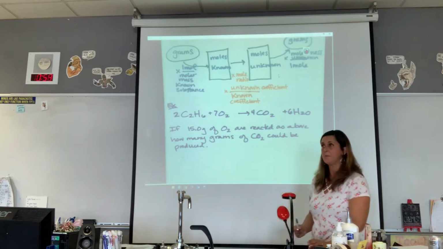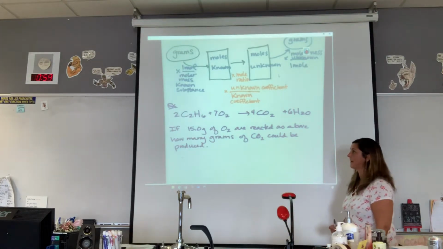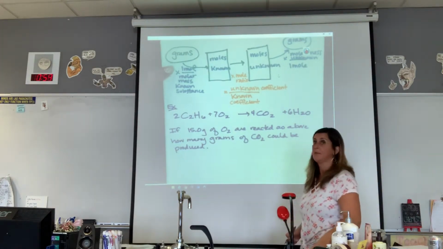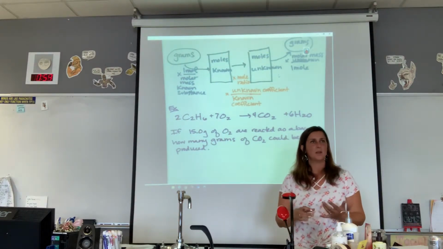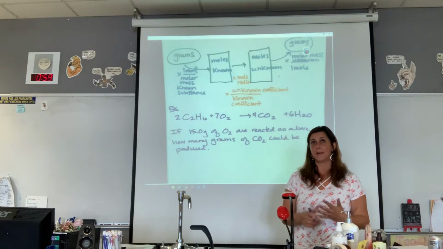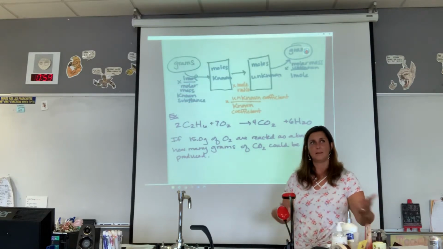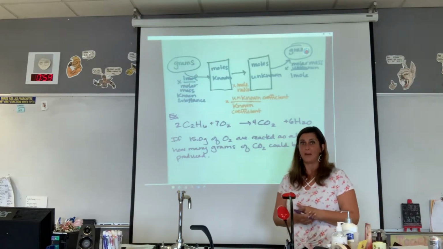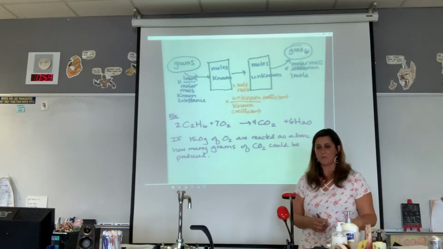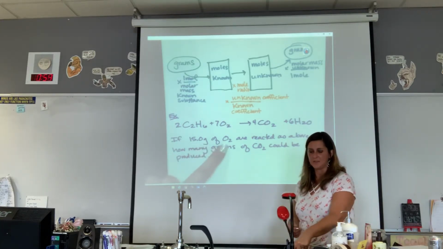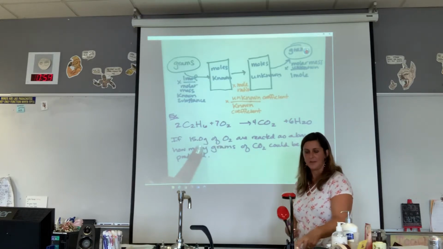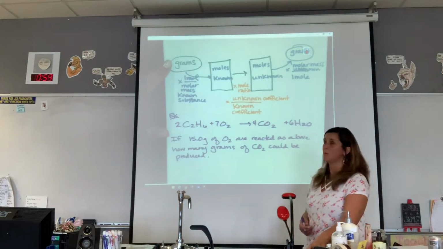What we want to remember is that we have a map to help us, and what we have to identify is what am I starting at and what am I ending at. As with any adventure or trip, we have to know where we're starting and where we're ending. We are given grams of oxygen, so this is where we start.